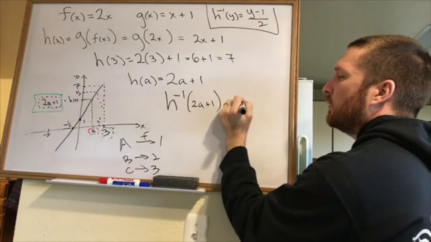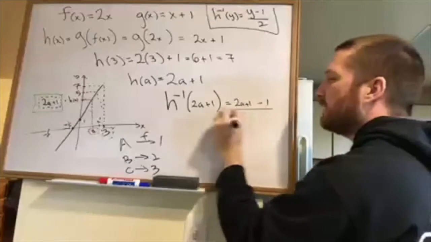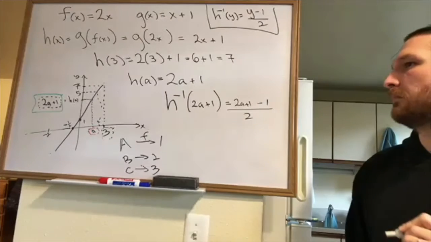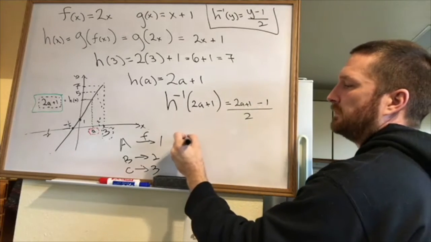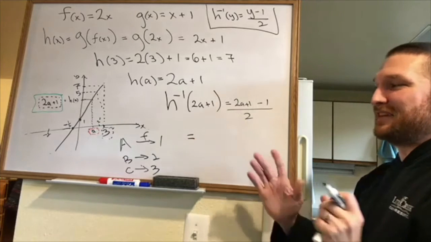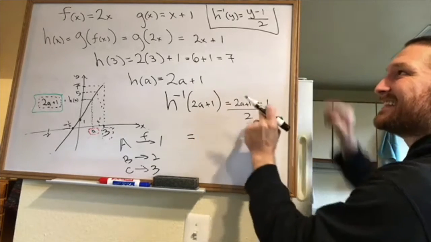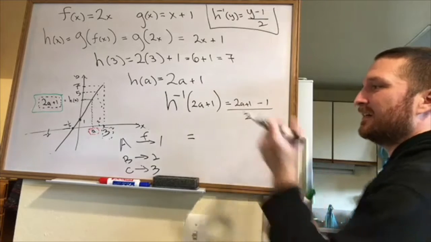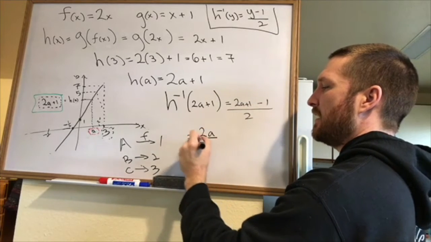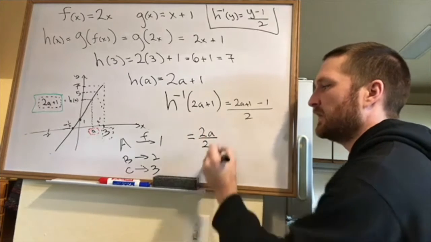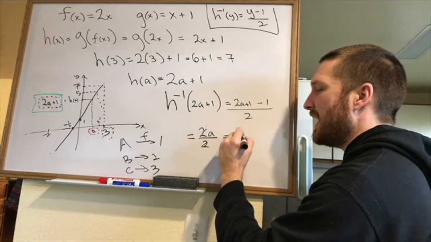So the output was this guy, minus 1. And then we divide by 2. So 2A plus 1 minus 1. And it's kind of like we had 7. Minus 1 brought us back to 6, right? And that's kind of what we're seeing here. So 2A plus 1 minus 1 is just 2A over 2. 2 divided by 2 does give me A.